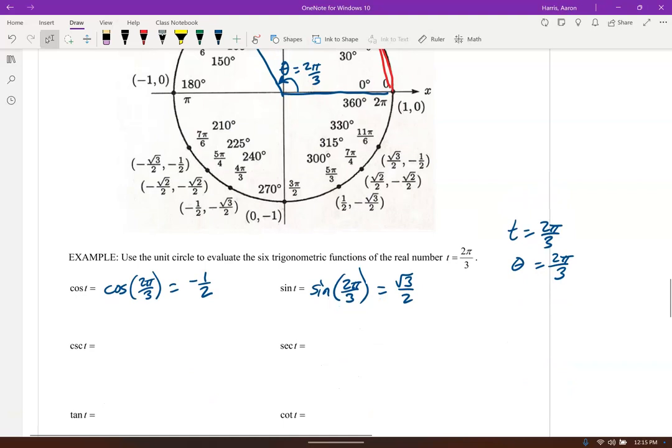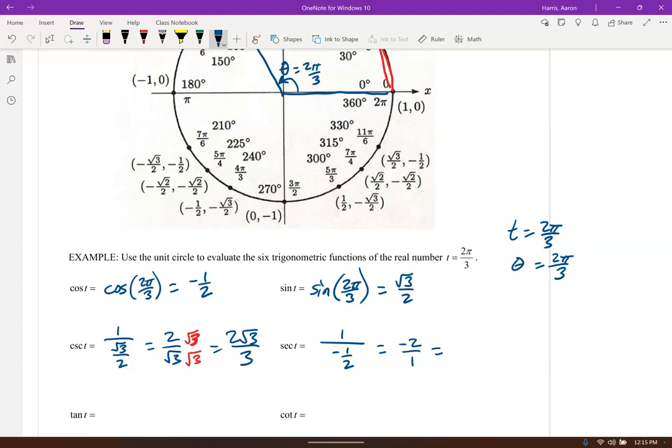Okay. Who flips over the sine? Sine is flipped over the cosecant. So the cosecant's 1 over the sine. So that'll flip it, 2 over √3. But I got to rationalize that. So 2 √3/3. The secant's the reciprocal of the cosine. So that's 1 over the cosine. So flip that -1/2 over. That's -2/1. It's -2.